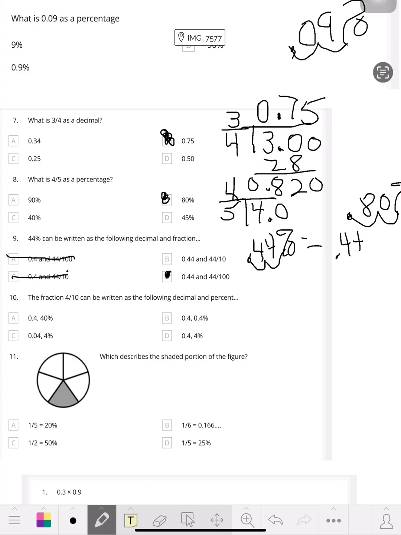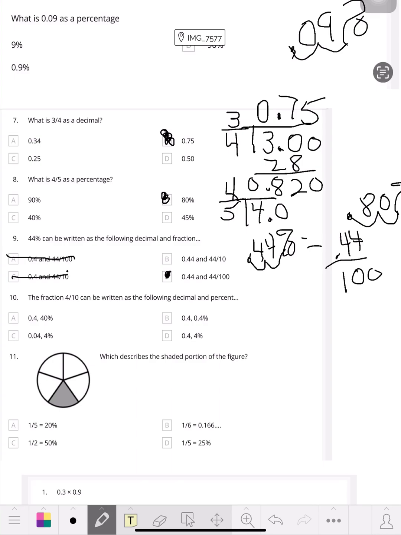Now, you want to turn it into a fraction. 0.44 is 44 hundredths. So we put it over 100, and that's all there was to it. Okay, 44 hundredths. That's how we read it, and that's how it ended up to be D. Okay, but that's all there was to that.